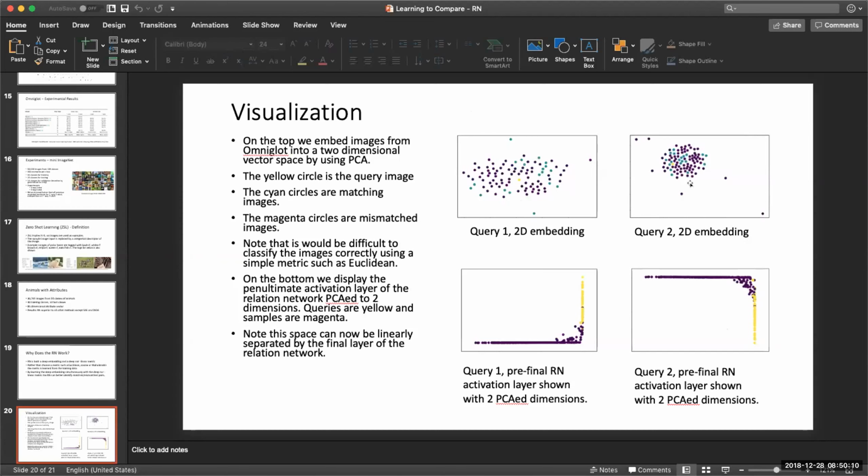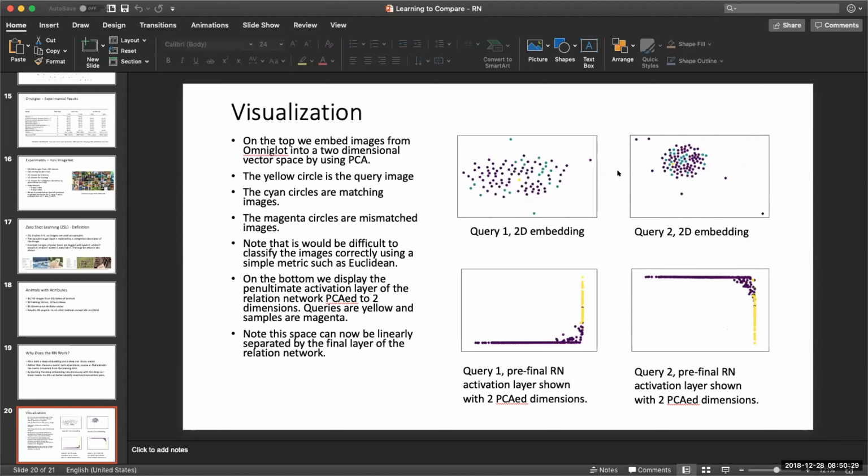And this is another query, so we have another query vector plotted in 2 dimensions, the yellow here, and it also has a set of vectors.